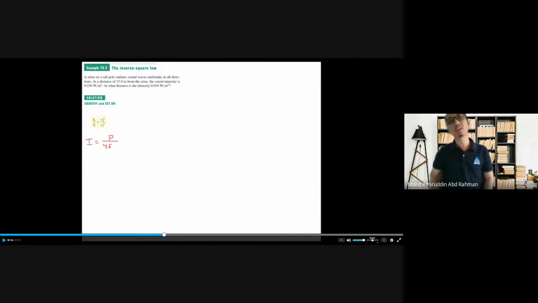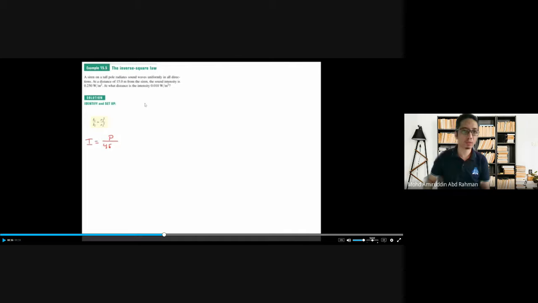Whenever there are two different I's, you can remove that K. So the ratio I1 to I2 equals R2 squared to R1 squared. You can use that relationship.